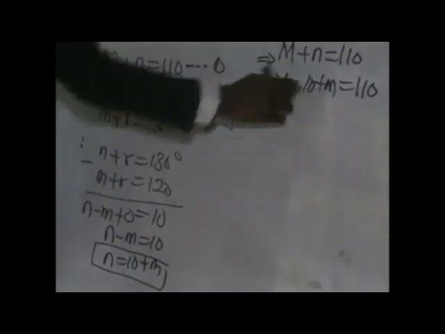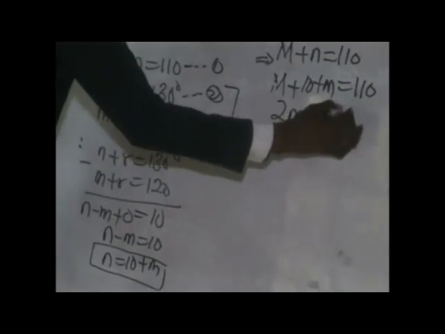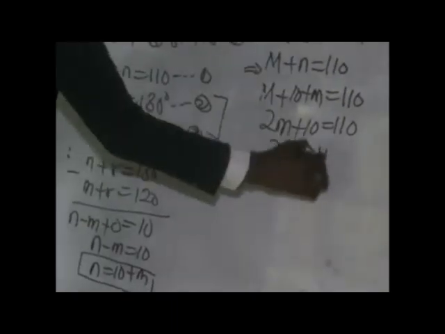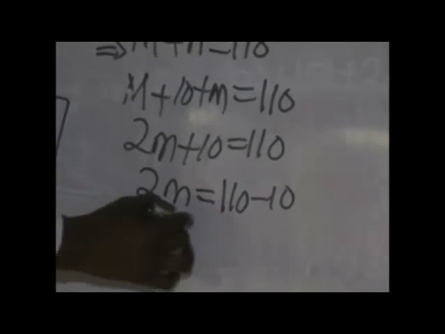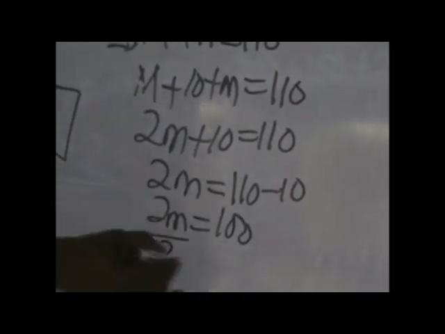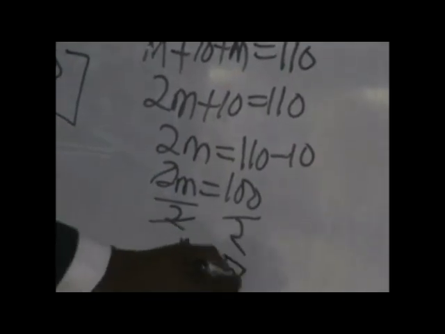So m plus m gives 2m plus 10 equal to 110. To find 2m, 10 goes to the other side and it becomes 110 minus 10. So 2m equals 100. To get m, you divide both sides by 2, 2 cancels 2, and m becomes 50. So you have gotten the value of m as 50.